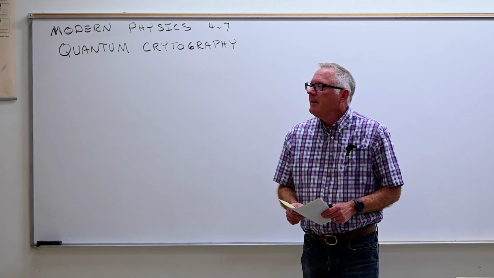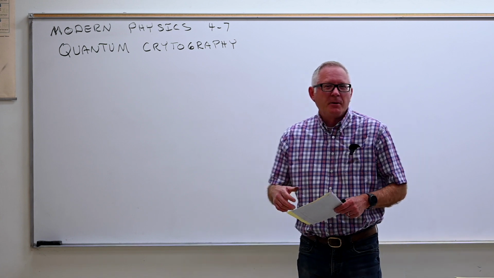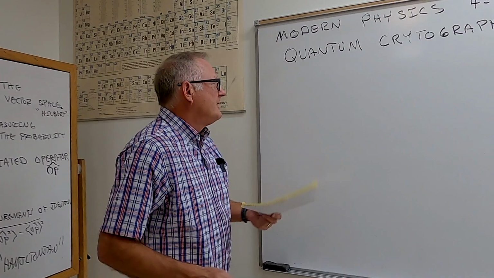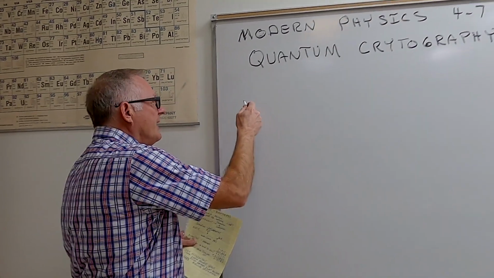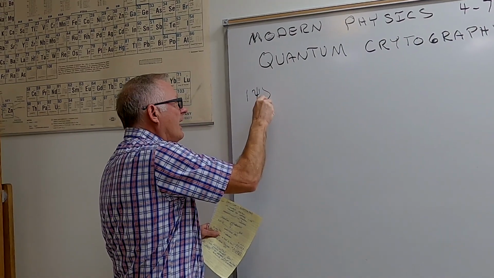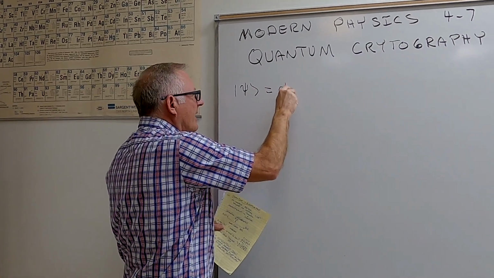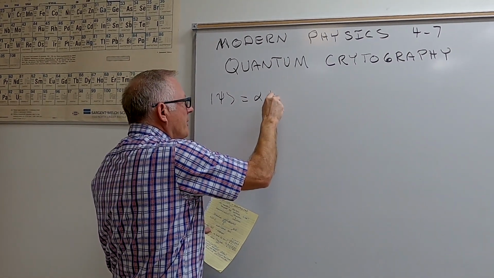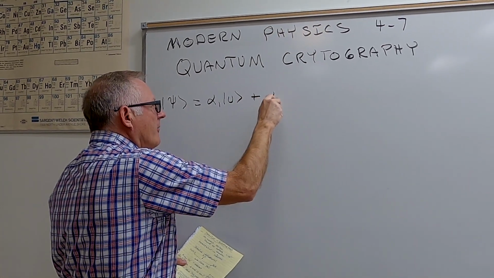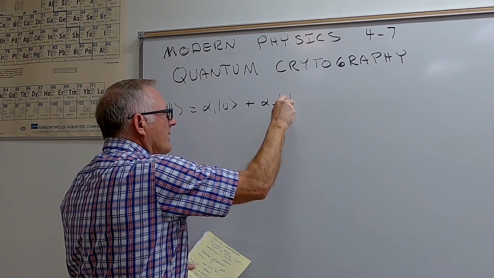So in this video, I want to talk a little bit about quantum cryptography. Just to remind you, in our two-state system, we had some state psi, which we said was something like alpha 1 up, if we put it in the up-down basis, plus alpha 2 down.